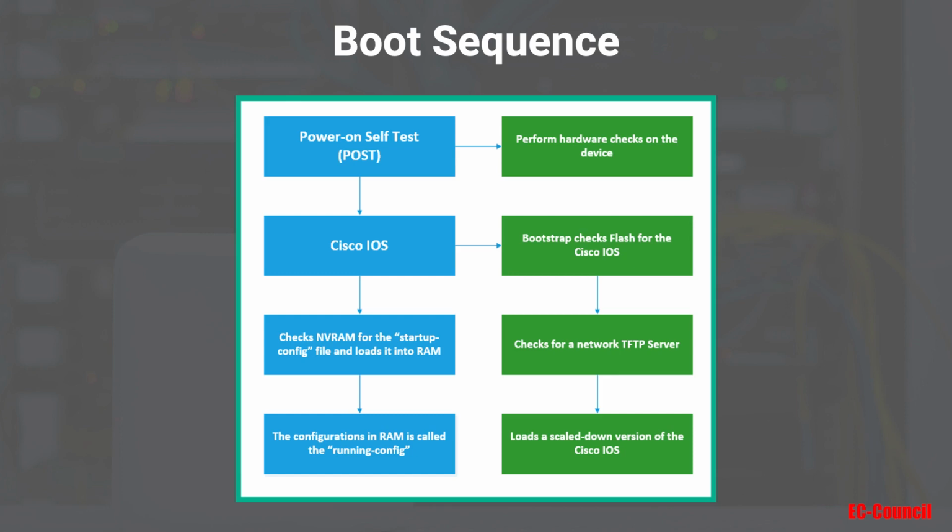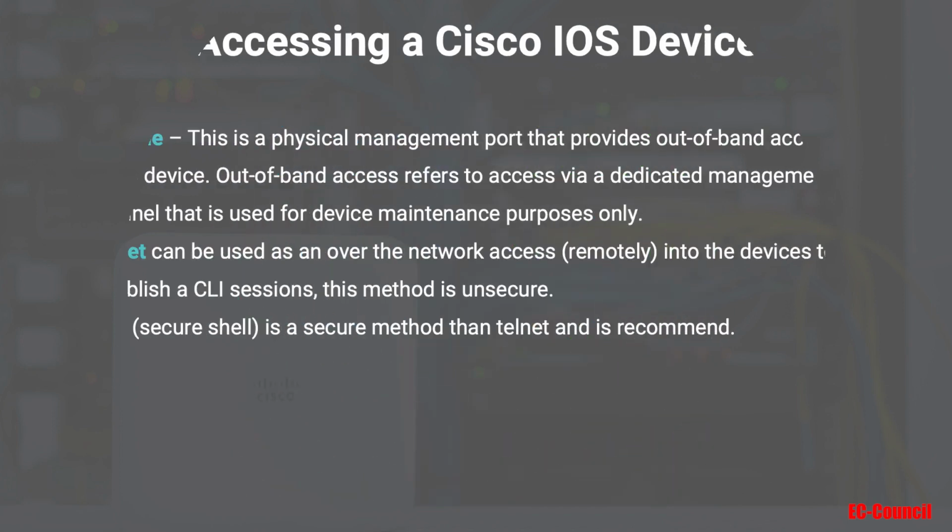Next, let's take a look at how we access the Cisco IOS. On a Cisco router, switch, or even a firewall, there's a very special port known as a console port. This is a physical management port that provides out-of-band access to a Cisco device.